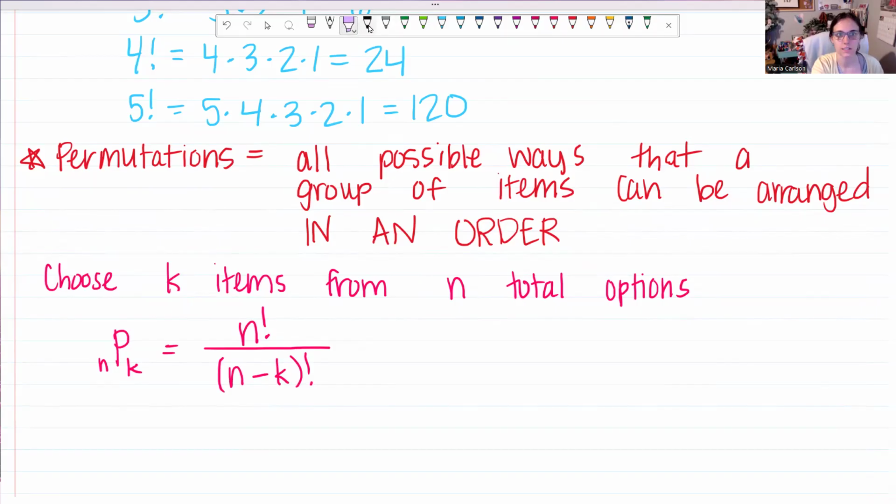So let's write out what these things mean. n, again, is your total number of items.